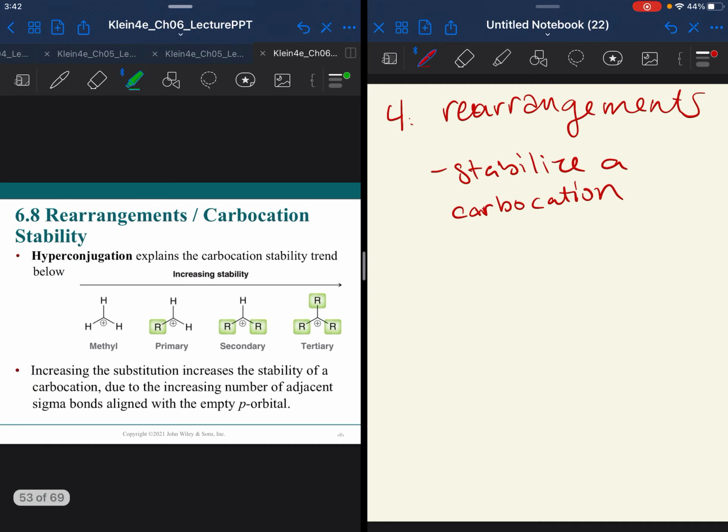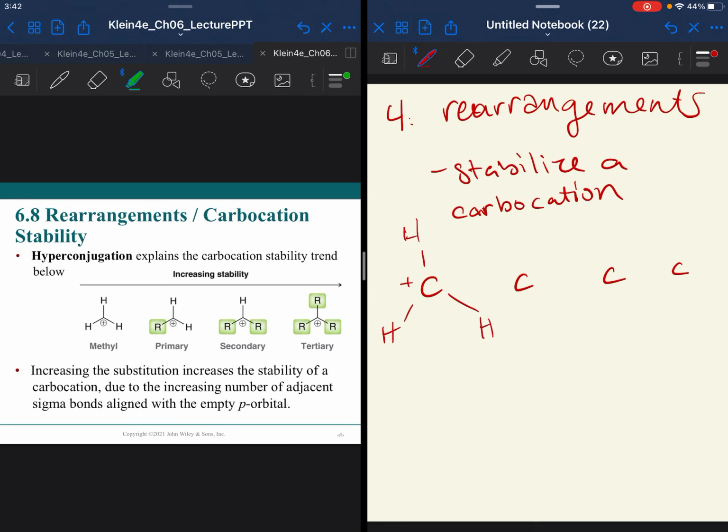And so we need to discuss stability, right? To do that, we have a little bit of vocabulary we need to get into here. Carbon is not all created equal. What is attached to the carbon will affect its stability.